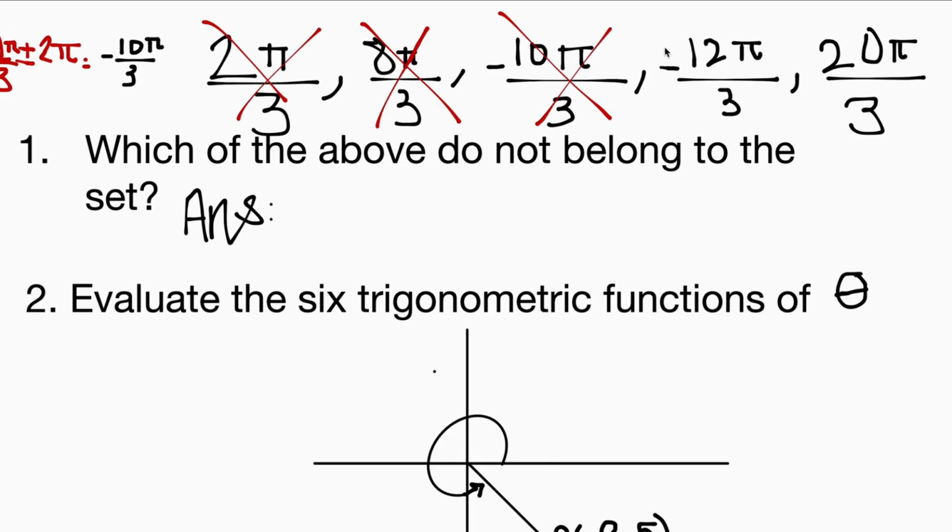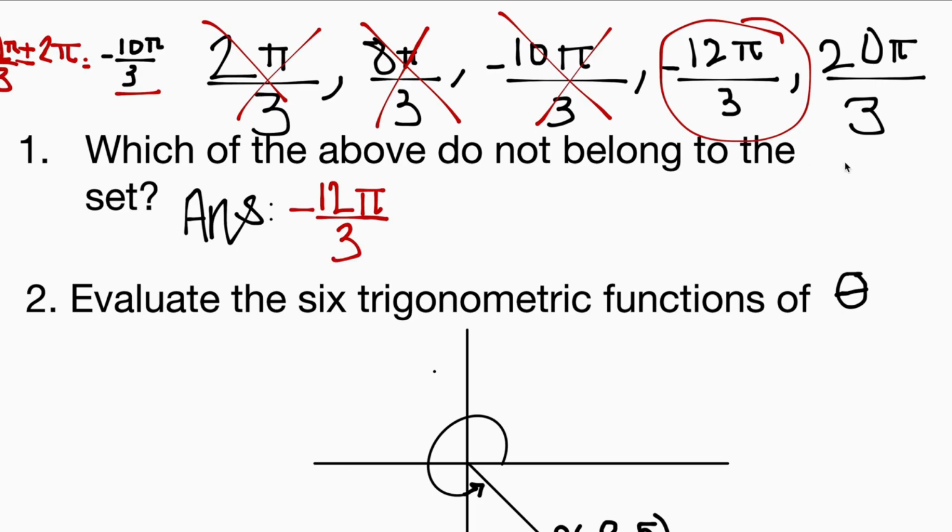Let's figure it out. Subtracting negative 10 pi over 3 minus 2 pi, which is minus 6 pi over 3, we get negative 16 pi over 3, not 12 pi over 3. That means it's not a part of the above set, so our answer is negative 12 pi over 3.